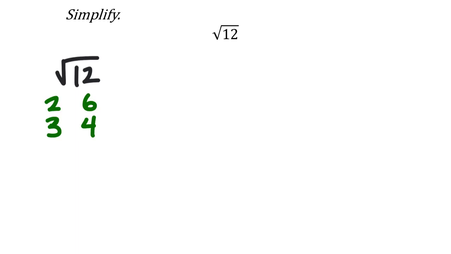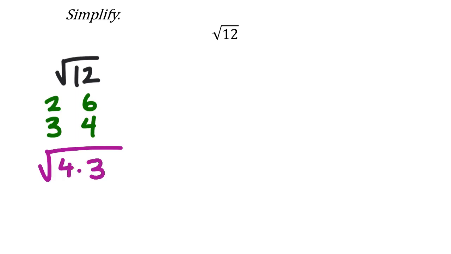Is right here, I notice a 4, okay? So, 4 is a perfect square, which means I could take the square root of 12 and break it up into, I'm actually going to switch those, 4 times 3.